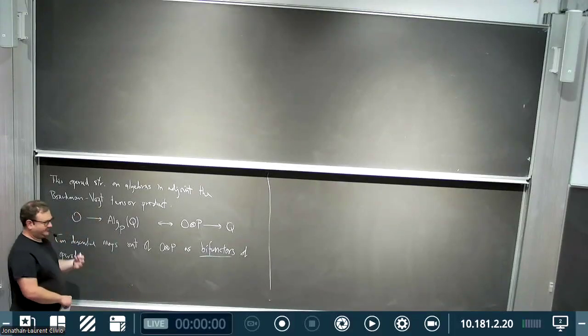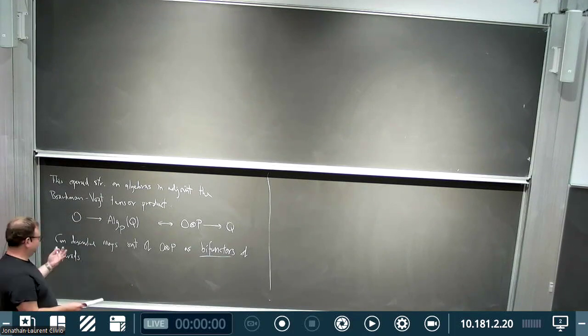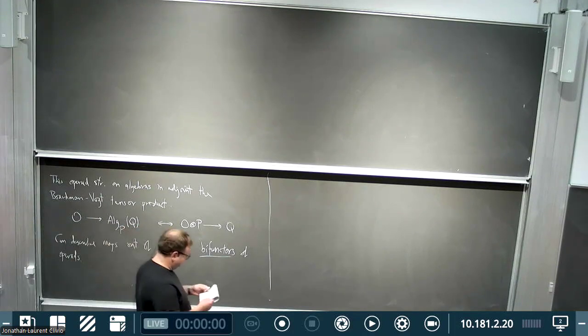And this is something that has a very nice description within the category of operators perspective on operads. So we might as well explain this in the infinity setting.